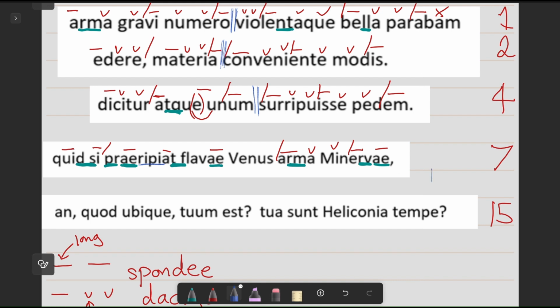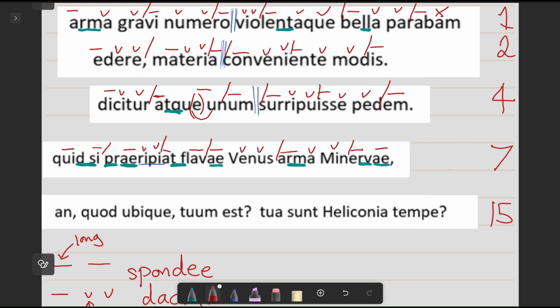Sort of like if we had tibi, it goes vowel, consonant, vowel, and I would go tibi, like that. So we're going to do that as a dactyl. And then we also have the vowel, consonant, vowel with Venus, so we can do that as well.